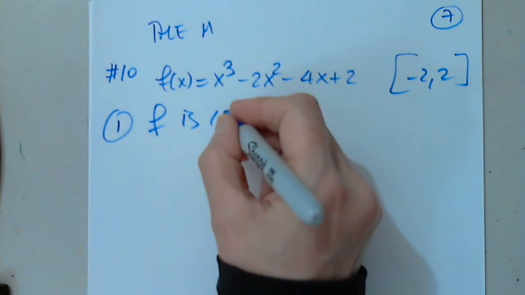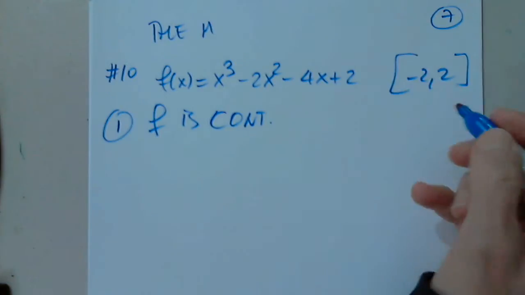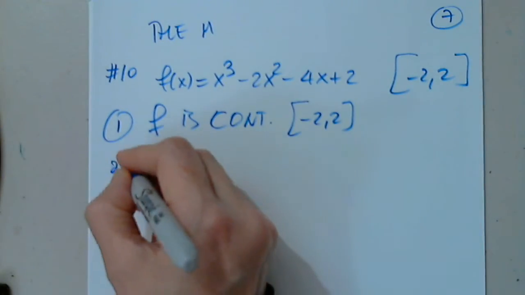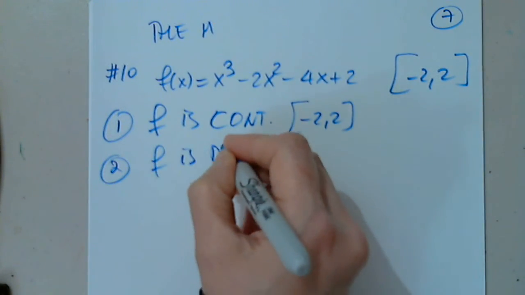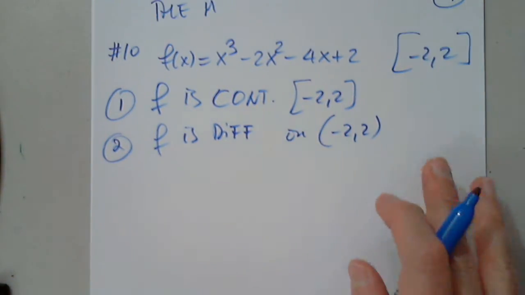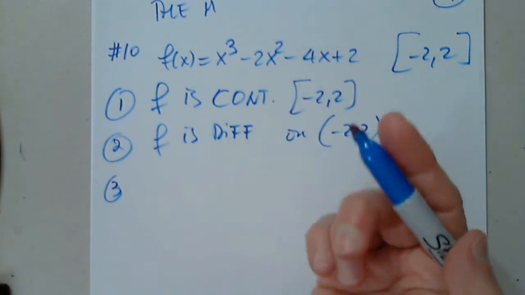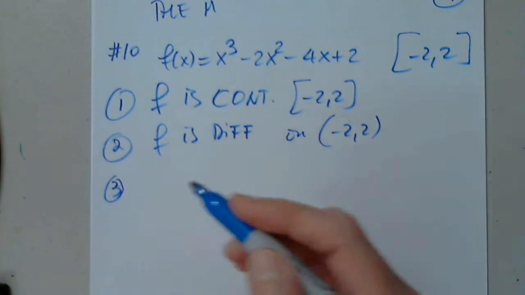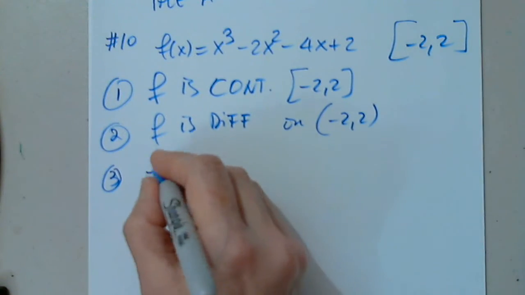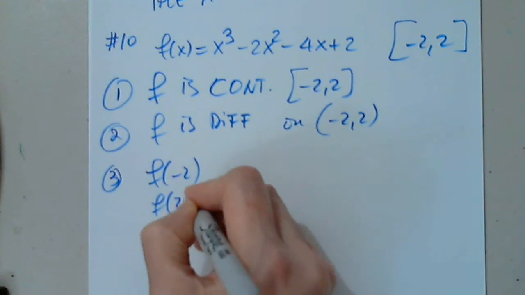F of x is continuous on negative 2, 2, as it is a polynomial function. F is differentiable on the interval negative 2, 2. For sure, it's a polynomial function, no corners, no vertical tangents, no cusps. So now, in number 3, I have to find f of negative 2 and f of 2.